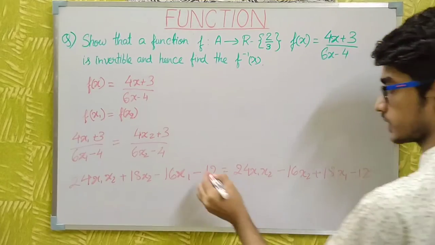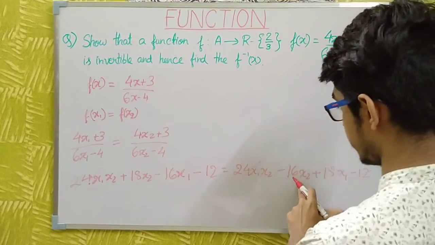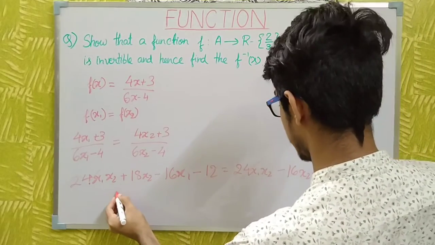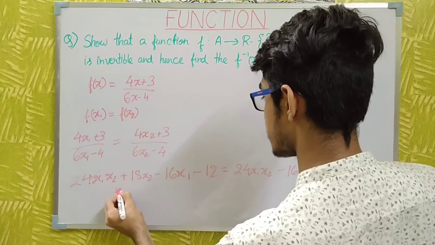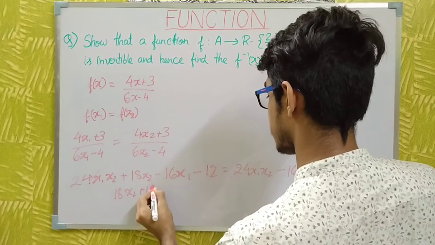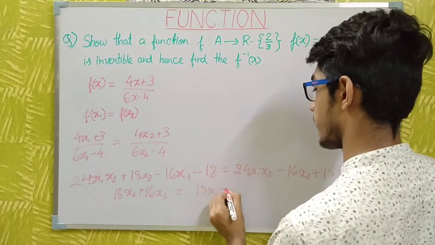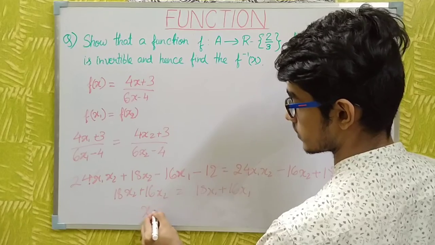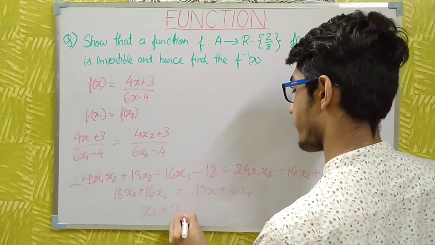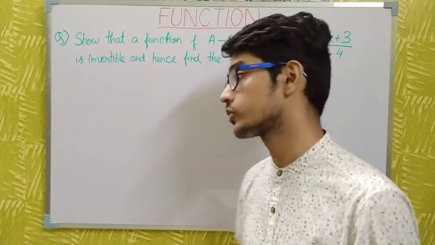This gets cancelled, this gets cancelled. And from here, if we take this to this side, we get 18x2 plus 16x2 equals 18x1 plus 16x1. Then from here we can see x2 equals x1. As I have shown that x1 equals x2, so it is injective.